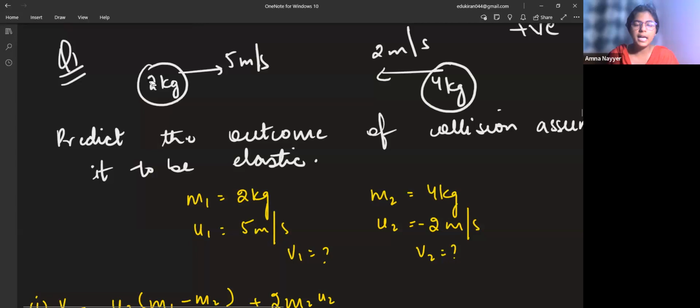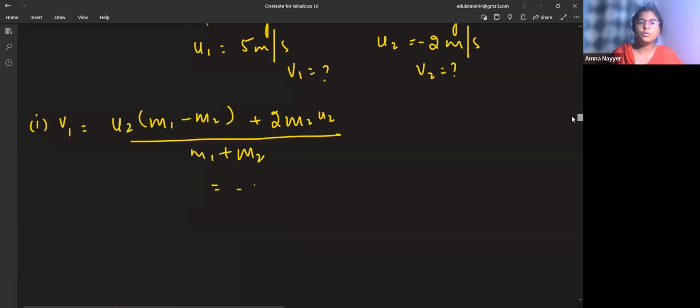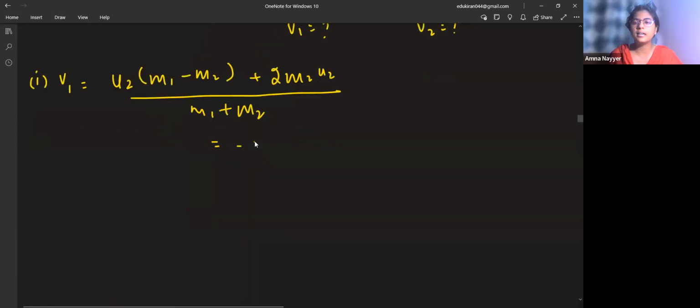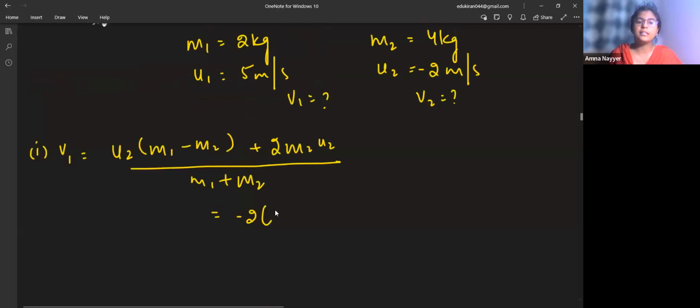We have taken M1 as 2 kg, so U1 is 5 meter per second. This is 4 kg, and U2 is minus 2.